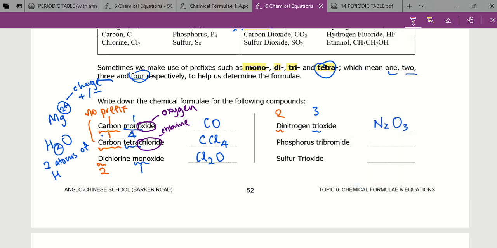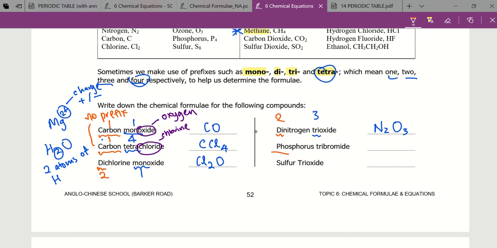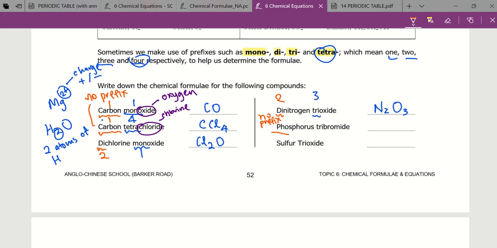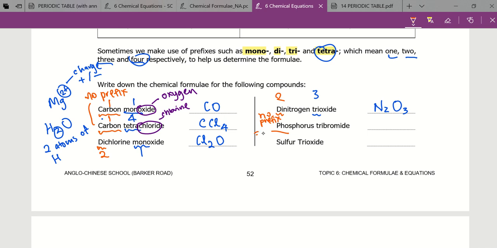Phosphorus doesn't have a prefix, which means it's just one of them. And then I've got tribromide. So our formula should be PBr3. And lastly, sulfur trioxide. This would just be SO3. Okay, please fill up your book in this portion.